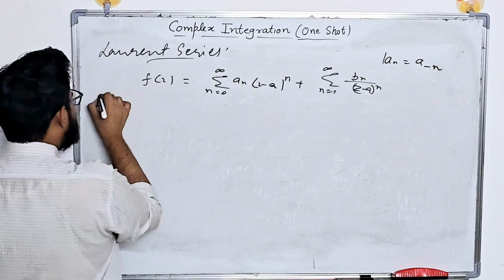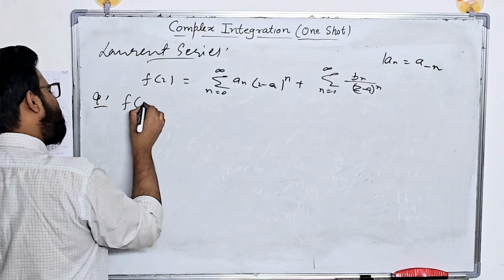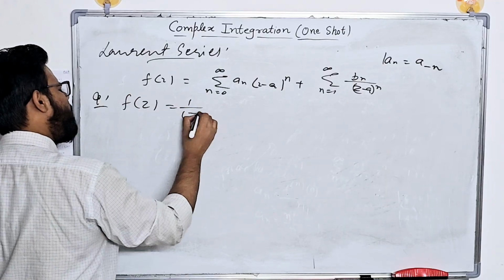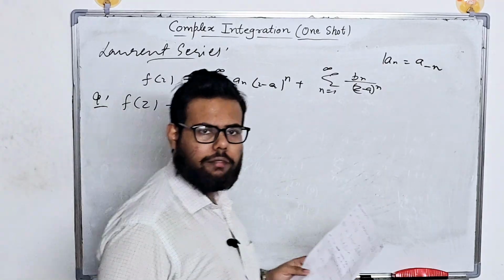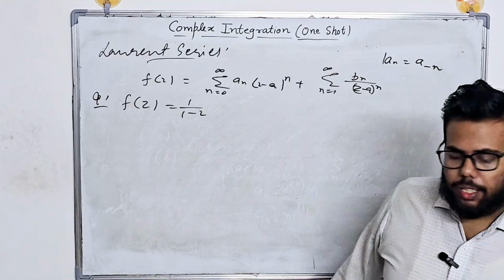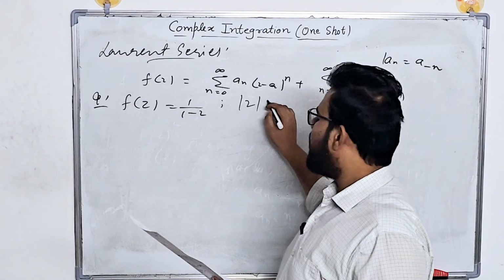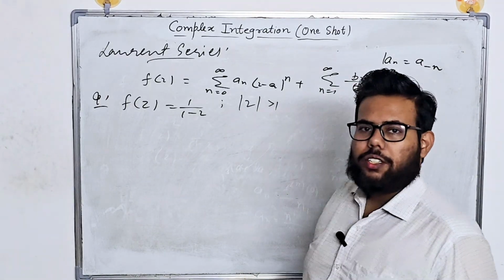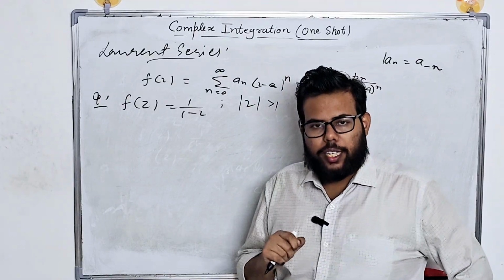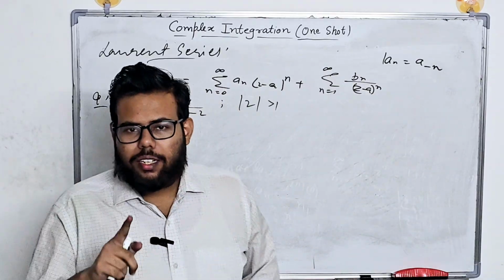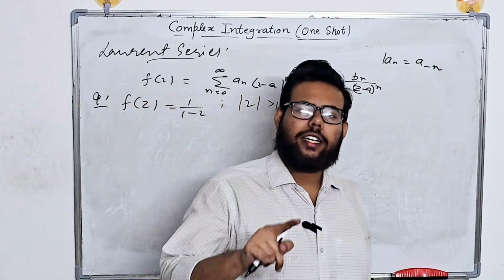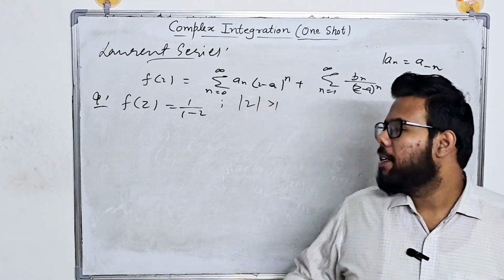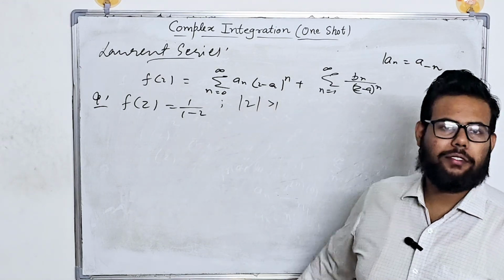Okay, so let's see the question. f(z) is 1 upon 1 minus z, okay? We have to write its Laurent series for mod z greater than 1, right? So when we were forming the Taylor series and mod z was greater than 1, we said that it is divergent, but in this case we can still solve it.